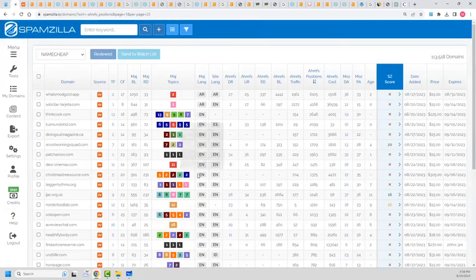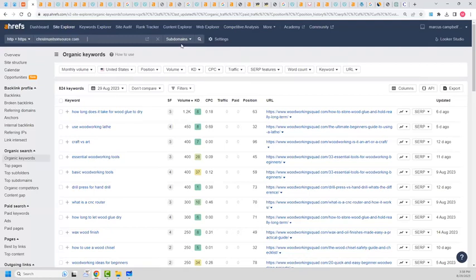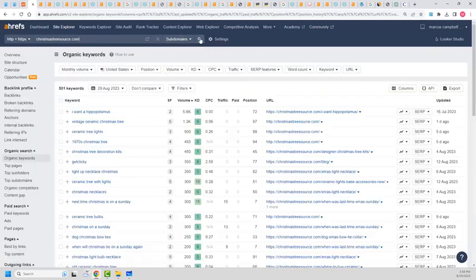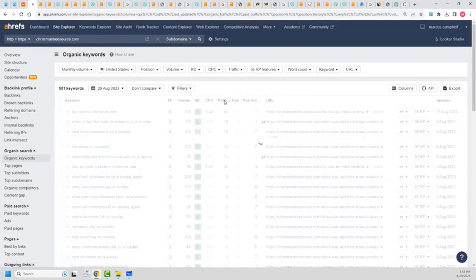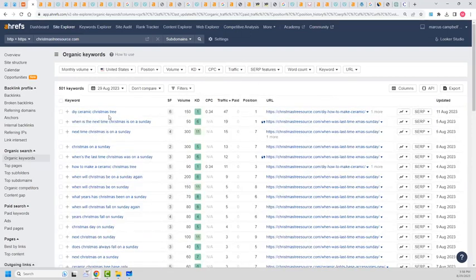Christmas tree resource, okay, $305. Is it sellable? Maybe. Does it have backlinks? Yeah, I'm going to buy this. Well, no, I have the position on, so let's go to traffic. DIY ceramic Christmas tree. What's the next Christmas?